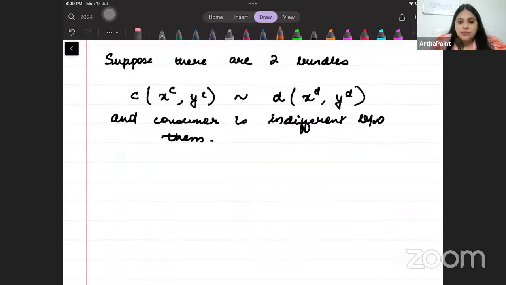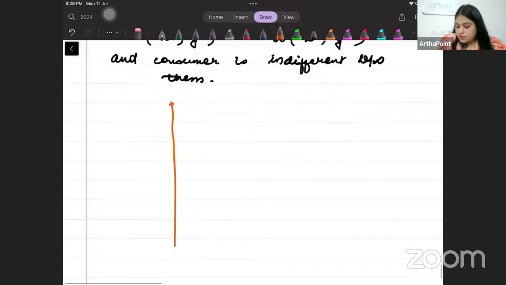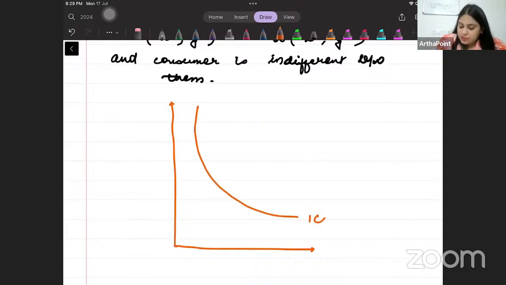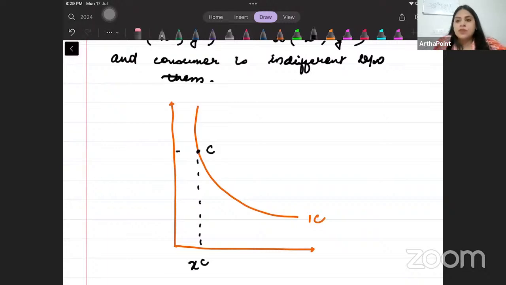Now, suppose I tell you, देखो indifference का मतलब ये नहीं है that there will be same price ratio. समझो बात को. Suppose ये एक indifference curve है. This is bundle C. And ये XC है, ये YC है. This is bundle D. This is XD, YD.